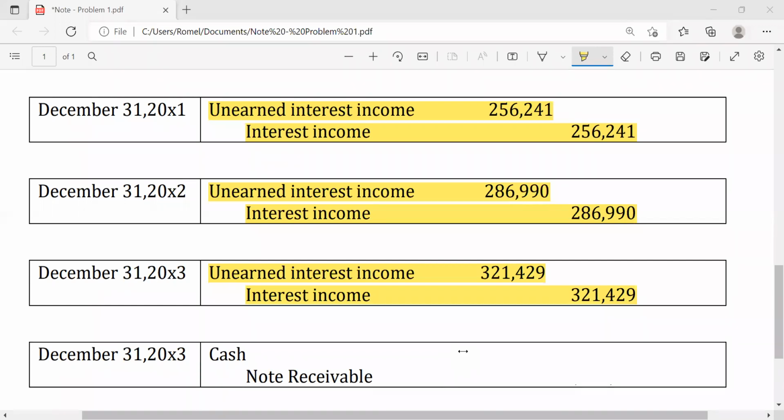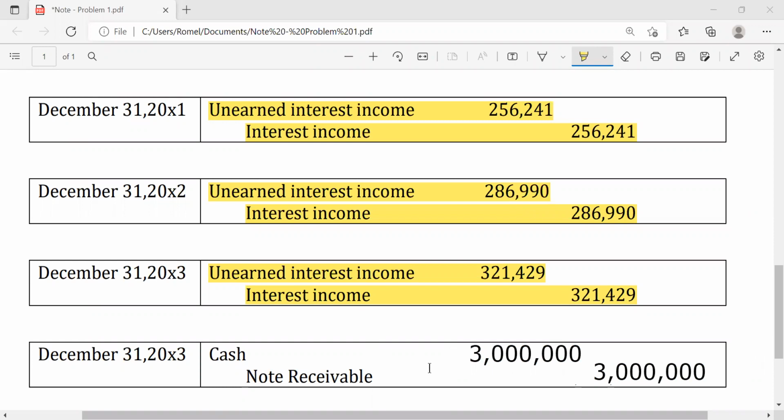And then, credit note receivable, 3 million pesos. Bakit ito ang journal entry natin by December 31, 20X3? So as you can observe, there are two journal entries here for December 31, 20X3.